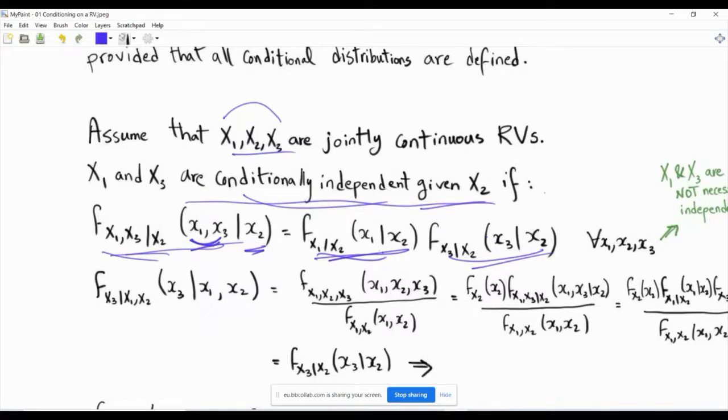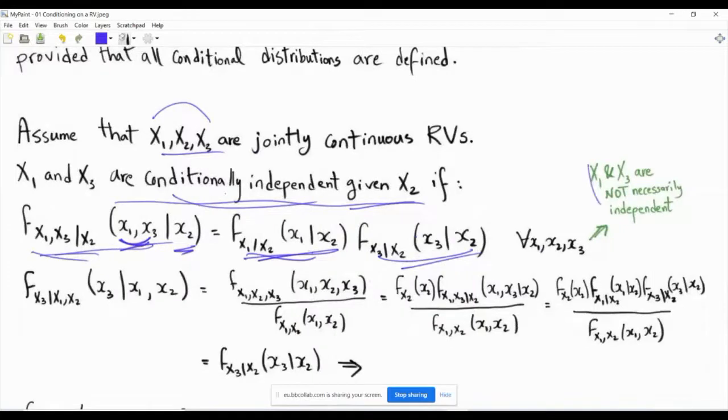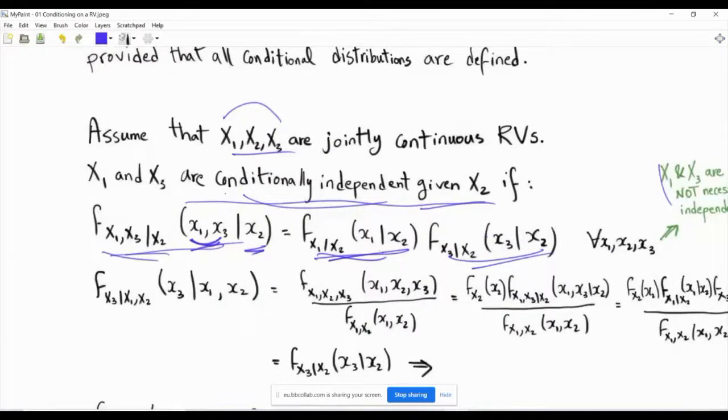Okay. Of course, it's important to note that conditional independence does not necessarily imply independence. There was, I think, a homework problem in which there was a counterexample. So if I say that x1 and x3 are conditionally independent given x2, I mean this thing.